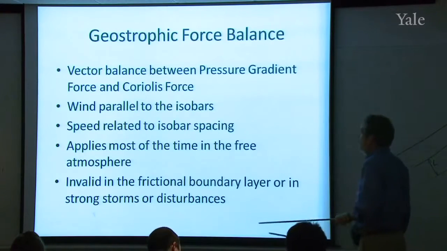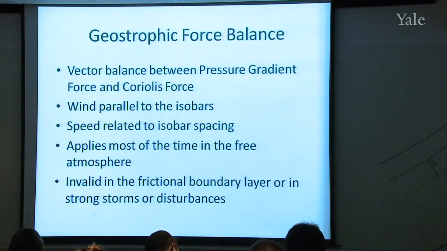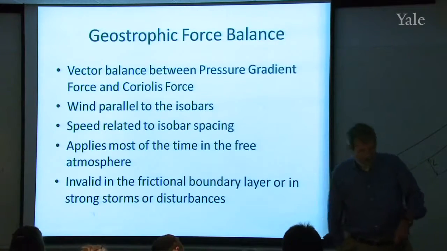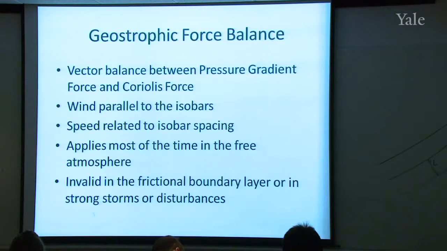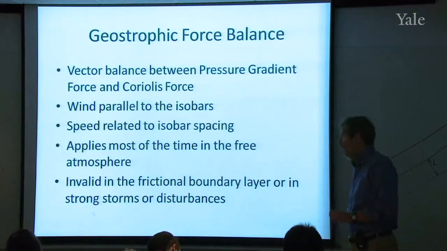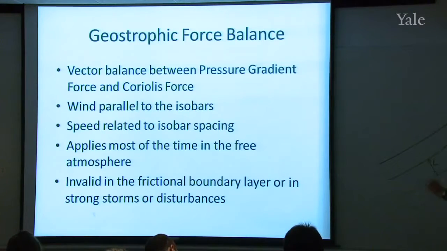The geostrophic force balance applies actually most of the time in the free atmosphere. I hesitate to give you a number, but I would say maybe 90 or 95% of the time, when you're above the boundary layer, the air is moving along in a pretty good state of geostrophic force balance. This is why it's so important for us to understand this particular characteristic of the atmosphere.